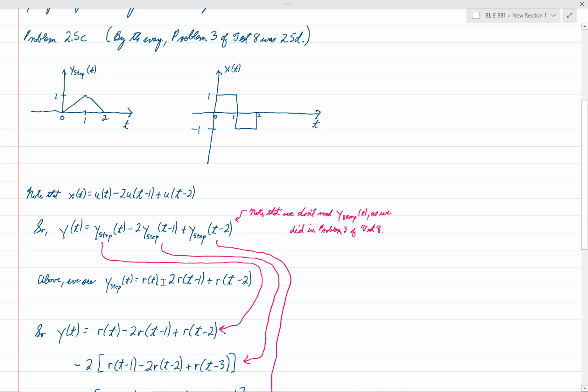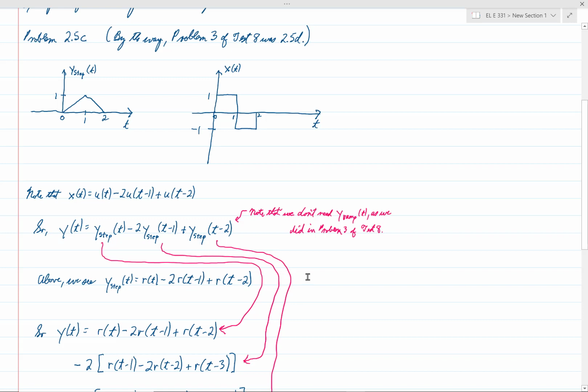So that's r of t. Then we not only want to flatten it out, but we want to turn it into a negative slope of 1. So we have minus 2r of t minus 1. And then we want to flatten that out, and so we add in an r of t minus 2. So this is the expression for the response to the step function. This is y step of t.